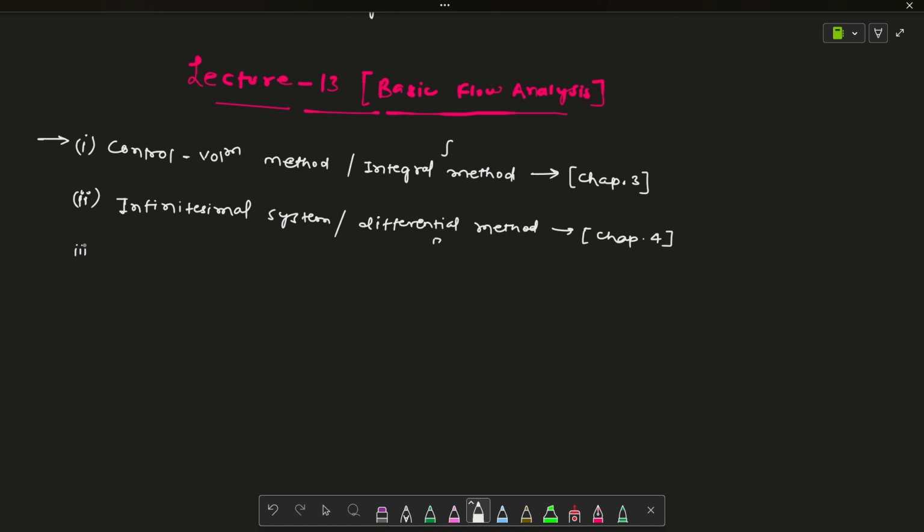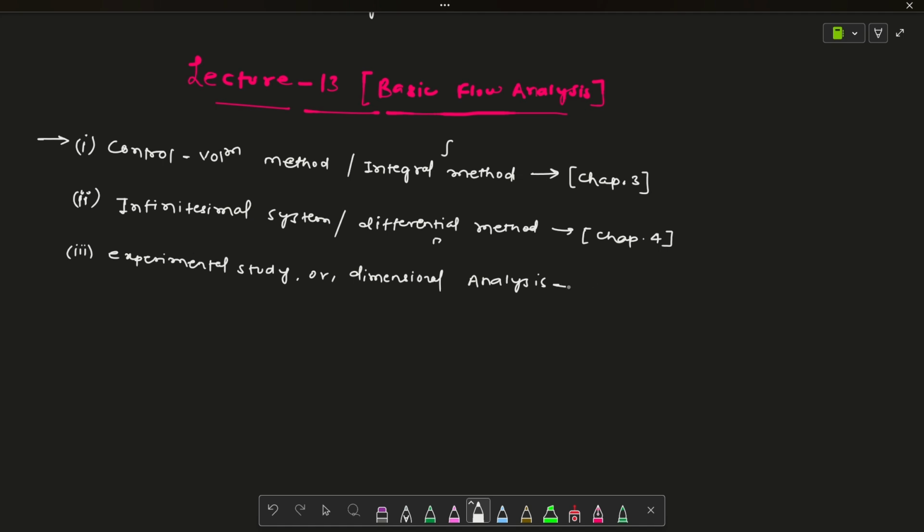The third technique we are going to discuss is the experimental study, or experimental techniques, which we can simply call dimensional analysis. We are not going to do any experiment here for sure.